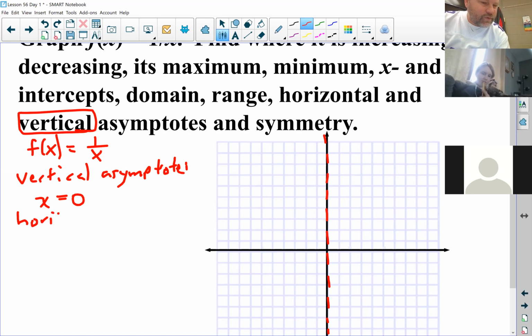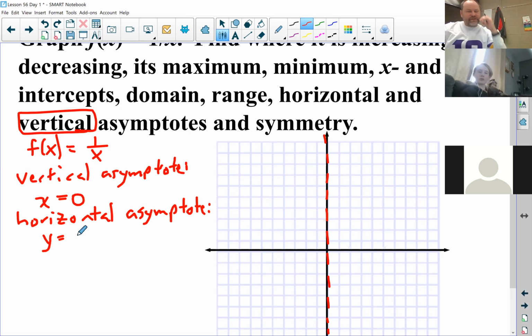Then we can also talk about horizontal asymptotes. And that just means if I plug a really large number in, like 1,000,000 or 1,000,000,000 or 1,000,000,000,000, what happens to the value of my function? So think about what happens if I plug in 1, I get 1. If I plug in 10, I get 1/10.